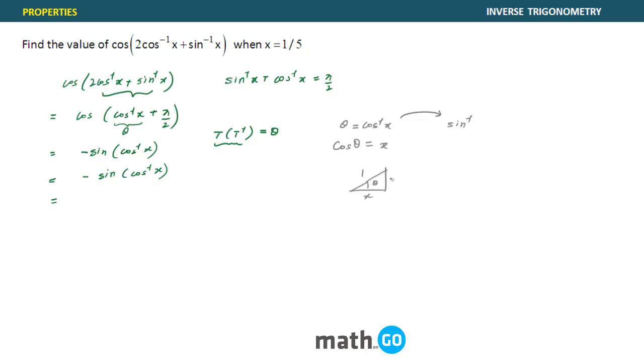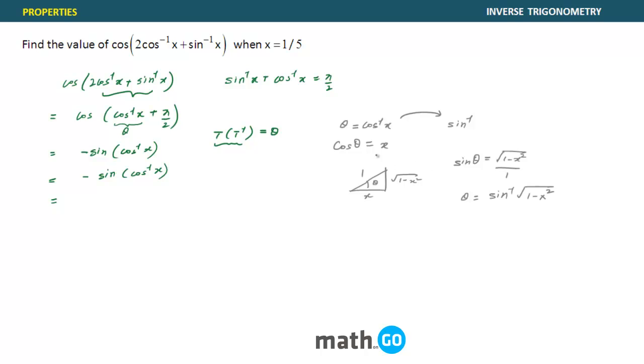What will be this particular value? This will be nothing but under root 1 minus x square. And what will be the value of sine theta from here? Sine theta will be nothing but under root 1 minus x square by 1, and you can say that theta is nothing but sine inverse under root 1 minus x square.